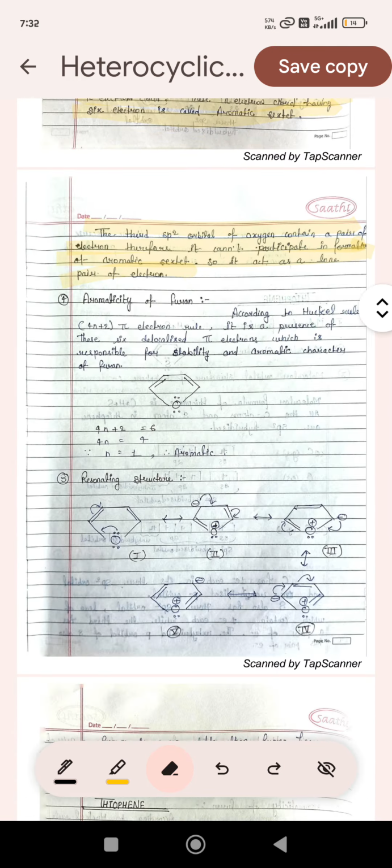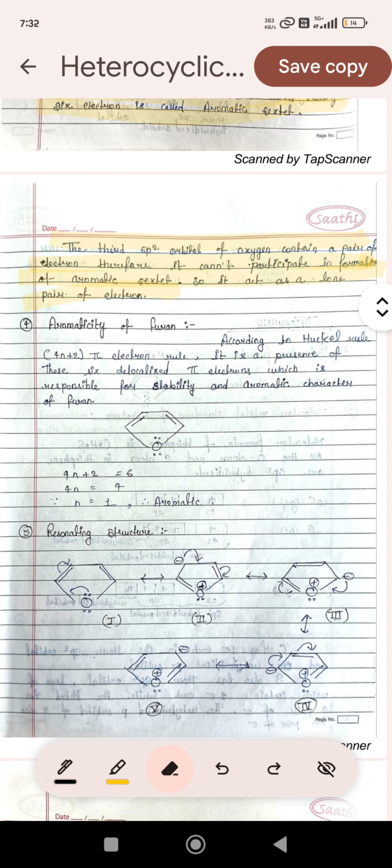Next is the aromaticity of furan. According to Huckel's rule, the 4n plus 2 pi electron rule, the presence of these 6 delocalized pi electrons is responsible for the stability and aromatic character of furan.